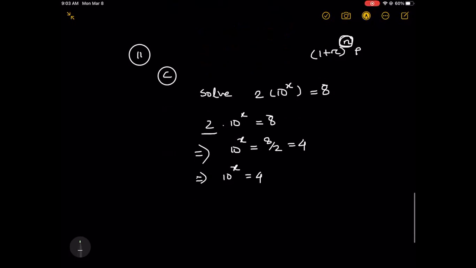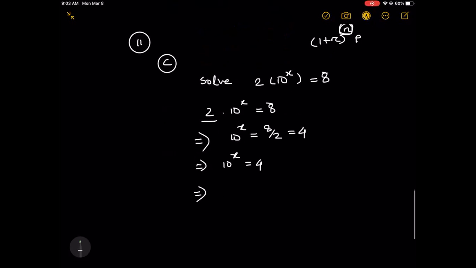Okay, now what should we do? We know one very good property: the exponent comes in front. But we don't have a log here, do we?